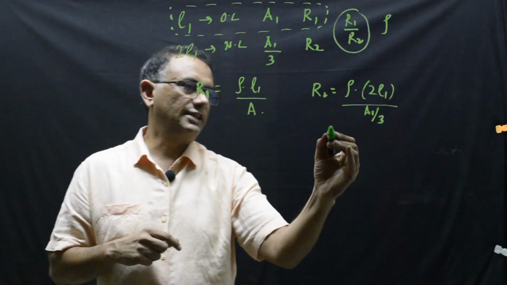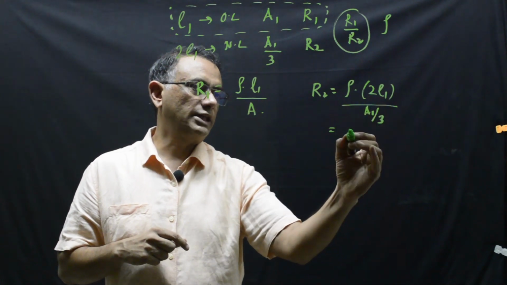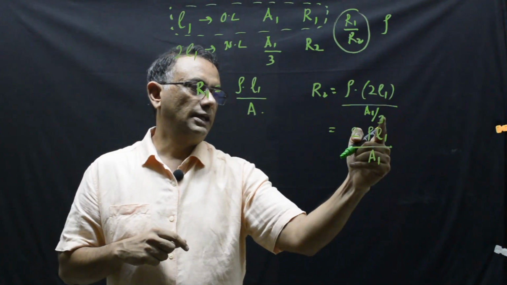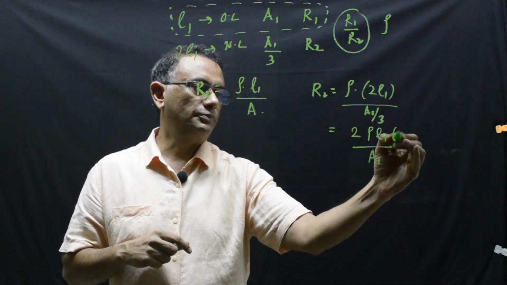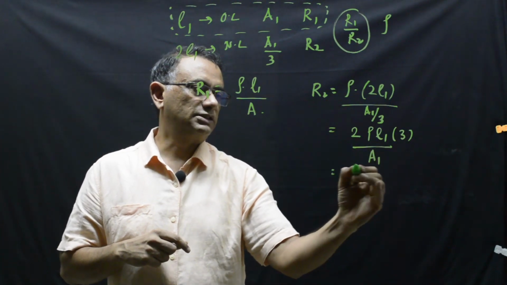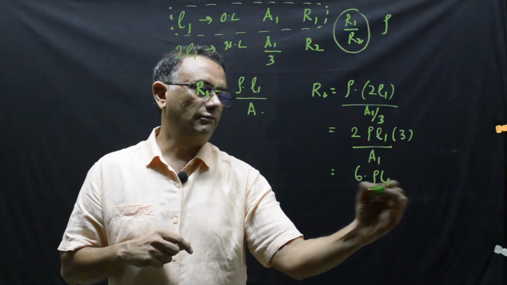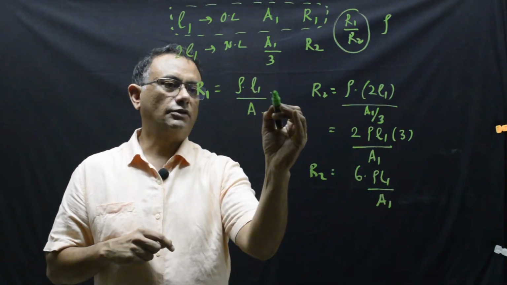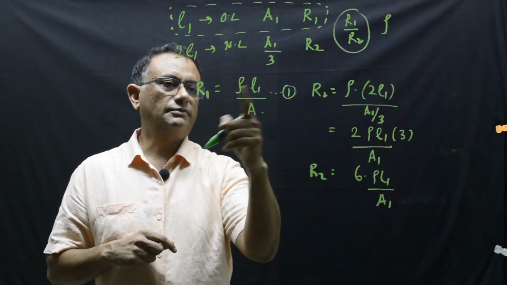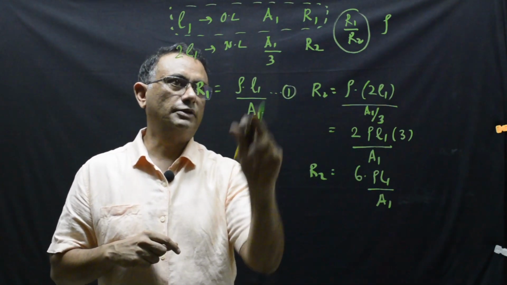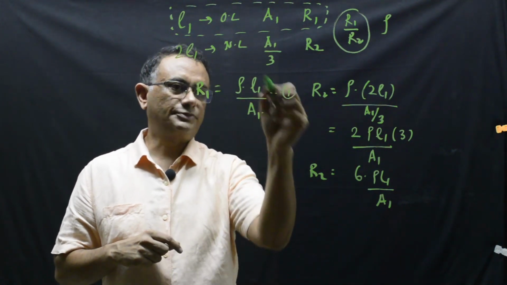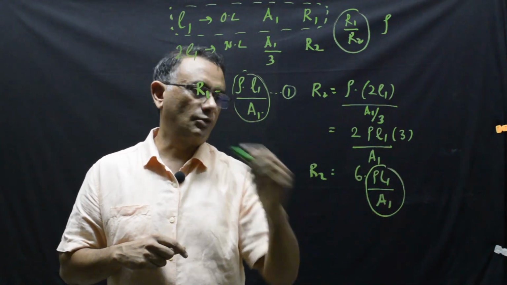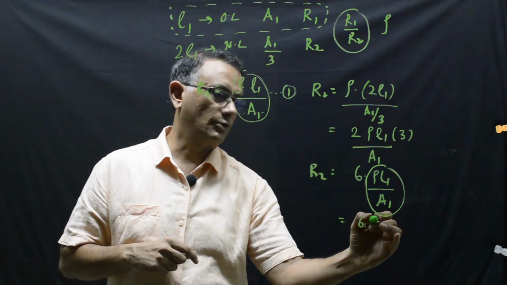When we simplify, this becomes 2 times rho into L1 divided by A1, and the 3 in the denominator comes up on top. 2 into 3 is 6, so 6 times rho into L1 by A1. This is R2. Since R1 is rho L1 by A1, we can substitute, so this becomes 6 times R1.